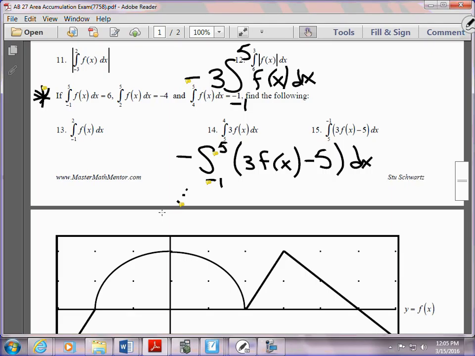Plus, because I'm distributing it. So plus, because I have the minus out here for the whole integral, plus the definite integral from -1 to 5 of 5 dx. When you integrate a sum or difference, you can just integrate each term separately. And with the first term, I also pulled out the 3.